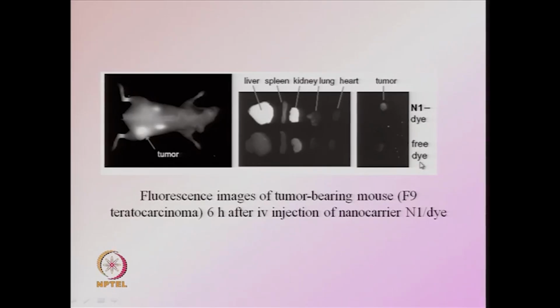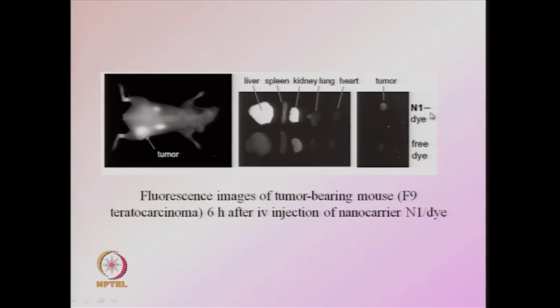When you have only the free dye, then it is not very clear, but when the dye is along with the nano carrier, then it is much more easily visible, and you can then even release the drug at the particular point by targeting the nano carrier.